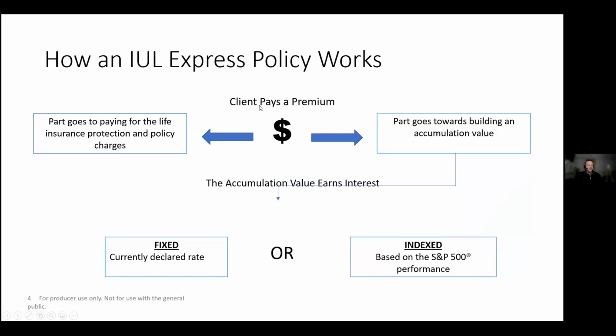So in terms of how an IUL works, and this is going to be across the board for any of our IULs, we will have a portion of the premiums paid that goes to the life insurance protection and policy charges. And then the other portion goes into the cash value build.